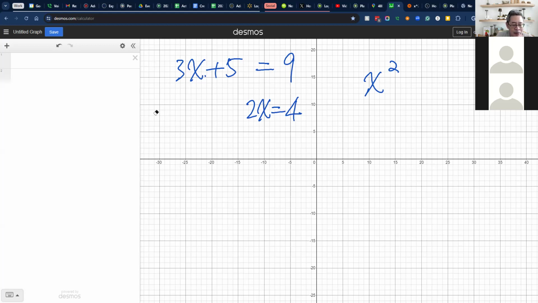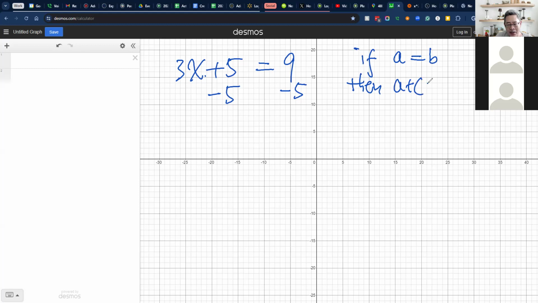So now to solve linear equations, you can see how the properties get applied. The first thing we're going to do is minus 5 on both sides. Now this is something we learned: if A is equal to B, then A plus C equals B plus C. Well, you could ask, this is add, this is minus, how could this apply?